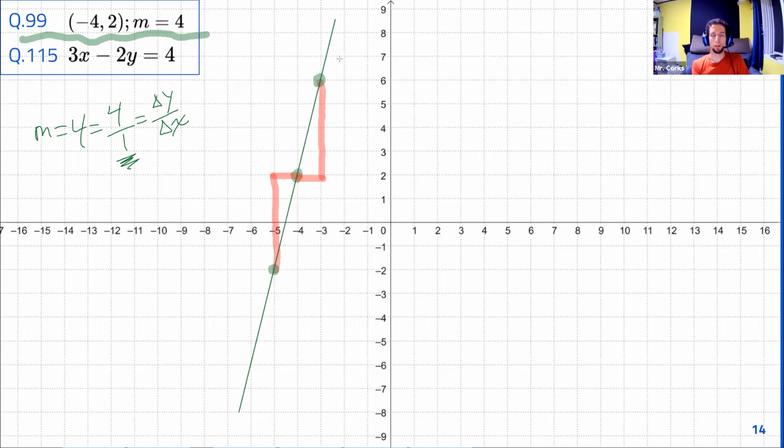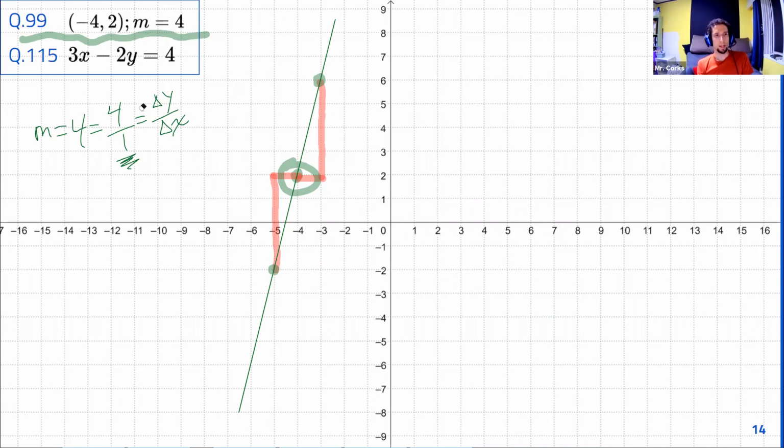Okay, so there's our slope. We use the slope to just find the next point, and maybe the next 2 points if we want to be certain. We can just start from whatever point we were given. We don't need to build the equation for the line. We could, but if we're not being asked to, then it's not necessary.